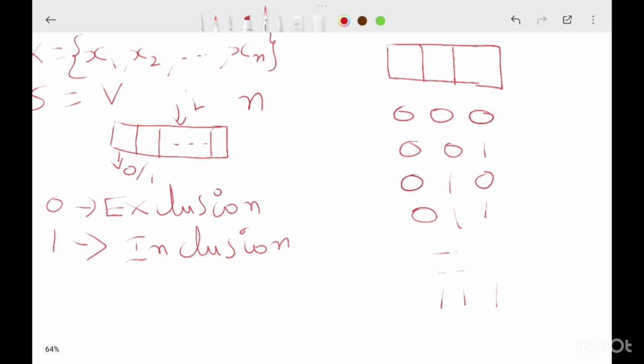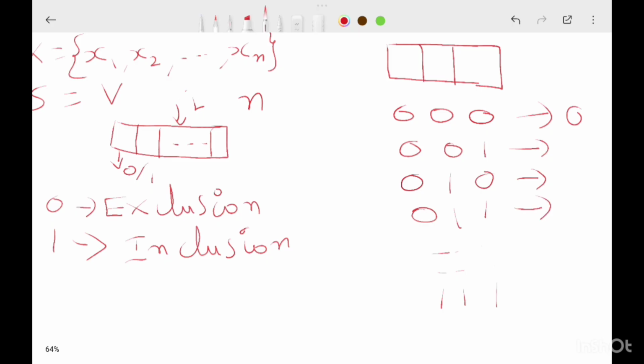So this goes up to 1, 1, 1. These are the possible combinations of solutions, and for each combination we need to find the actual sum. This combination only includes the last element, so the sum is the value of the last element, and this combination includes the value of the second element, so the sum is just the second element.